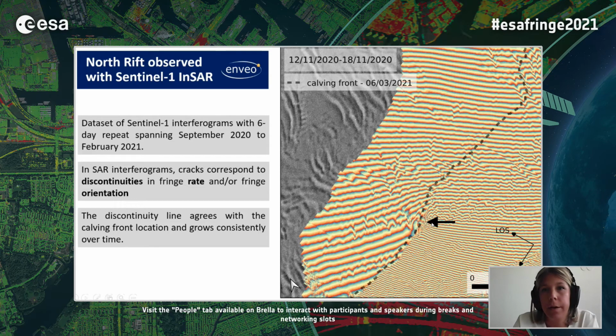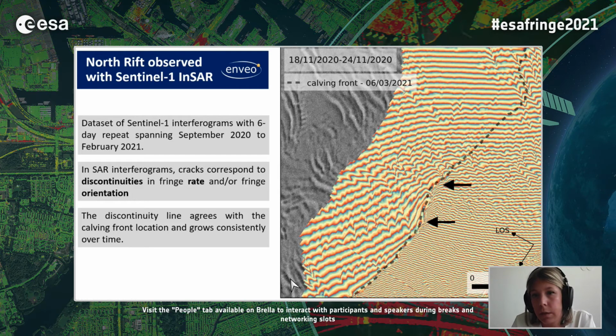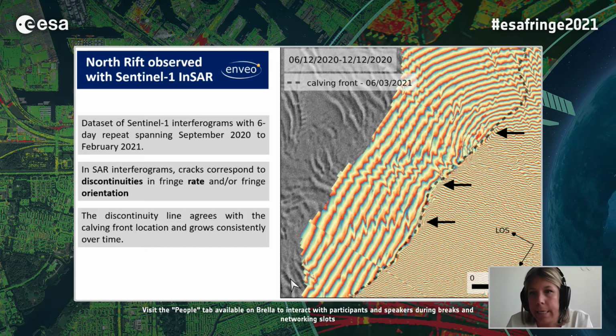If we go directly to the next interferogram, the discontinuity line goes to the next arrow, more or less, and still follows the calving front line quite well. At a later date, it still progresses quite consistently over time. So we have a discontinuity line that really follows the calving front and grows over time. It seems pretty consistent.